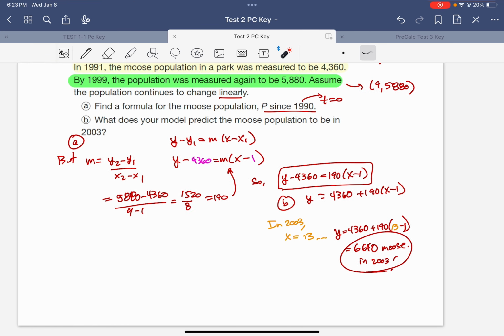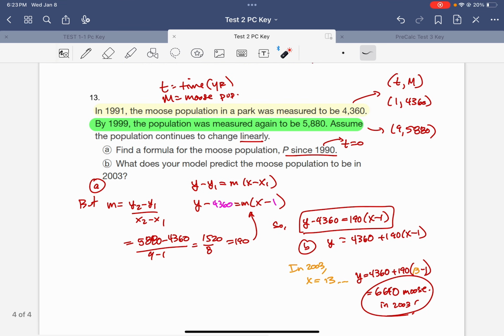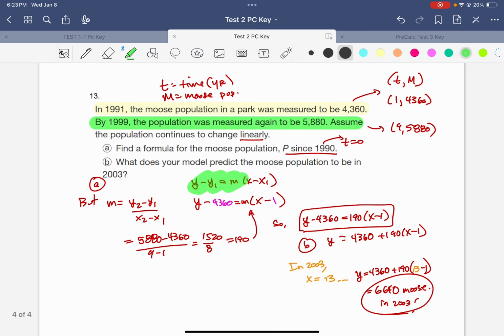All right, 13. Is that about it? Yes, it's 13. So for 13, in 91, the moose population was 4,360. In 99, it was 5,880. Assume that the population grows linearly. As soon as they do that, I know that I'm working with this model, right? Okay. So if they want to know a formula where it's time since 1990, then 1990 is time equals 0.